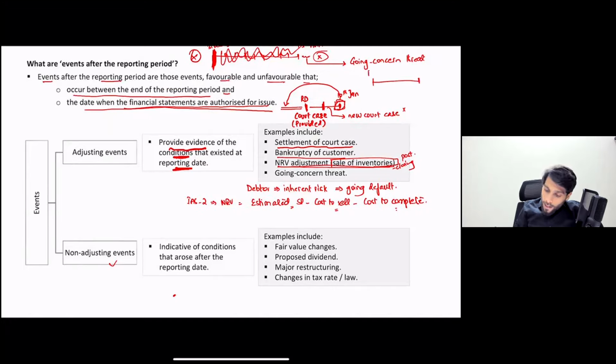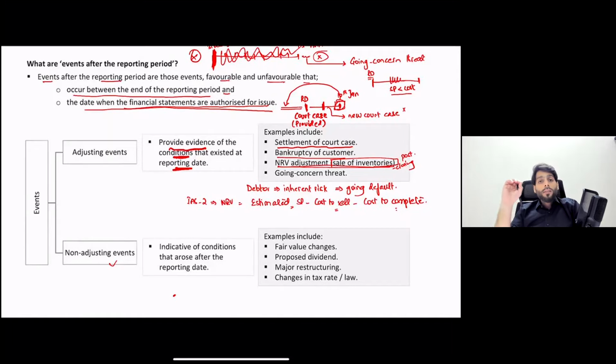If you see that a particular piece of inventory, or some inventories, were sold after the reporting date for a price which is less than cost, this gives accountants and auditors the indication that this inventory would have actually been impaired at the reporting date, and therefore this type of event should be treated as an adjusting event and the NRV write down should be done at the reporting date.